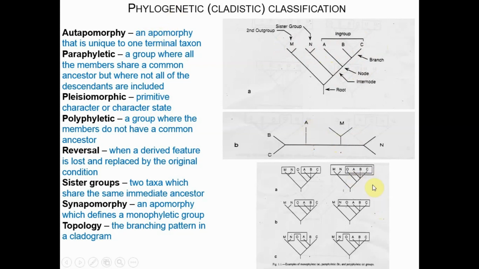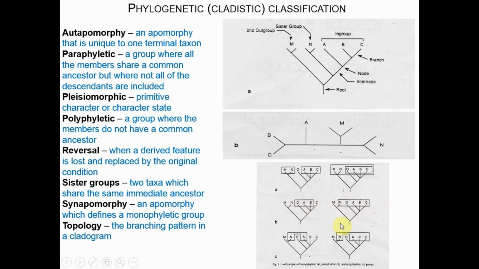So here we can see again examples of monophyletic groups there and there. We can have it at different levels. Paraphyletic groups, so those are ones where all the members share a common ancestor, but not all of the descendants are included in the particular grouping, as you can see there.